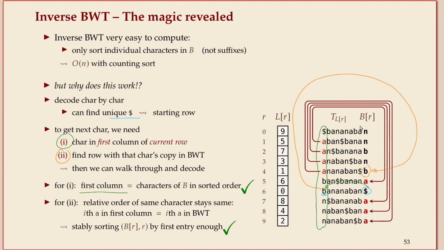We can still do it though, because the relative order of the same characters stays the same. If they're sorted, this is A1, A2, A3, A4, then A1, A2, A3, A4 stay in the same order in the BWT.